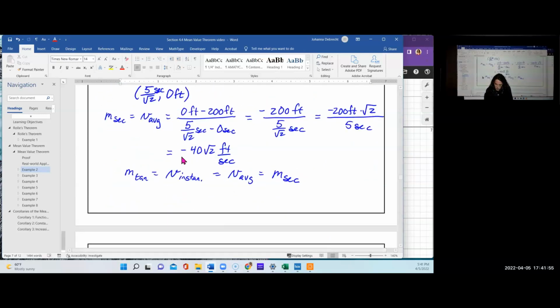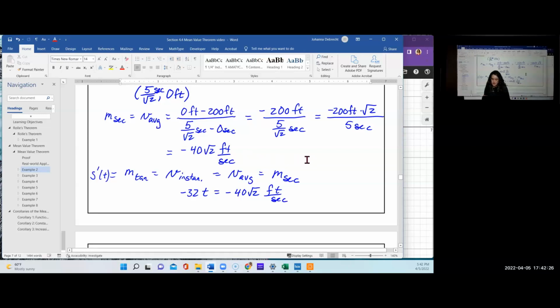So remember that when we're doing slope of the tangent line, well, I think we called it s, so we should have s prime of t. That is the derivative, the slope of the tangent line. So this tells us that negative 32t has to be equal to negative 40 square roots of 2 feet per second. And the negative 32, of course, is going to carry some kind of units in with it as well.